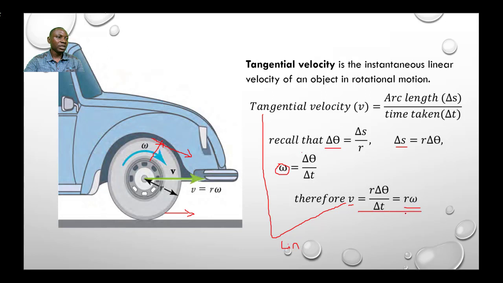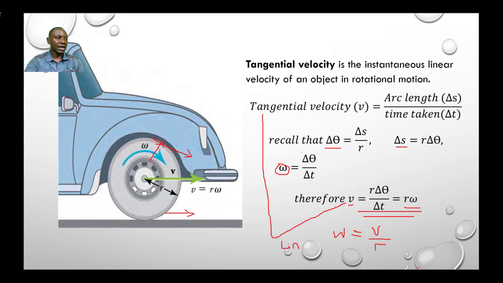Now what is important for you to know here is that when you want to express angular velocity, W, in terms of linear velocity, it will be linear velocity divided by the radius of that circle.